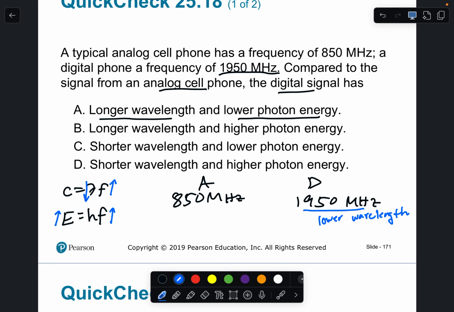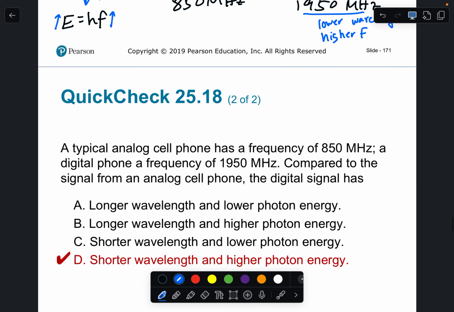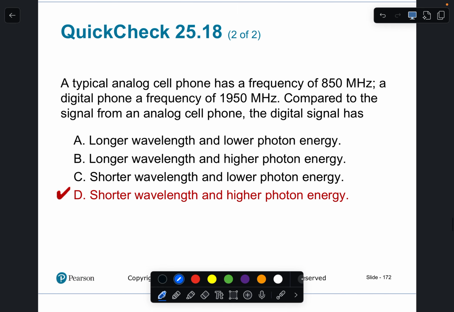What are we comparing? Digital to analog. The digital has a higher frequency and a shorter wavelength. So that's what we showed: higher frequency, shorter wavelength.